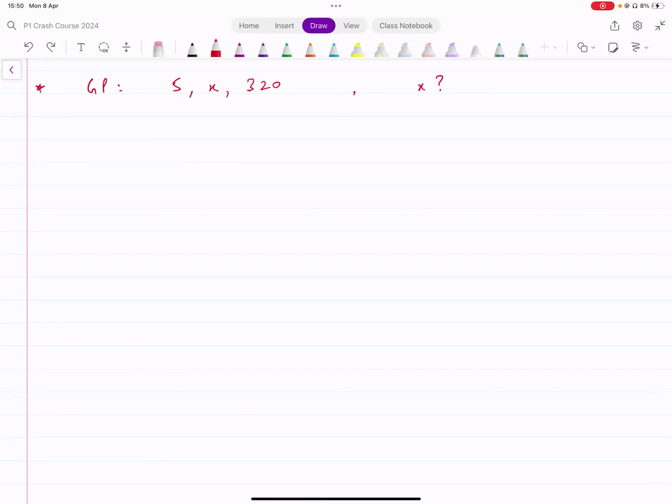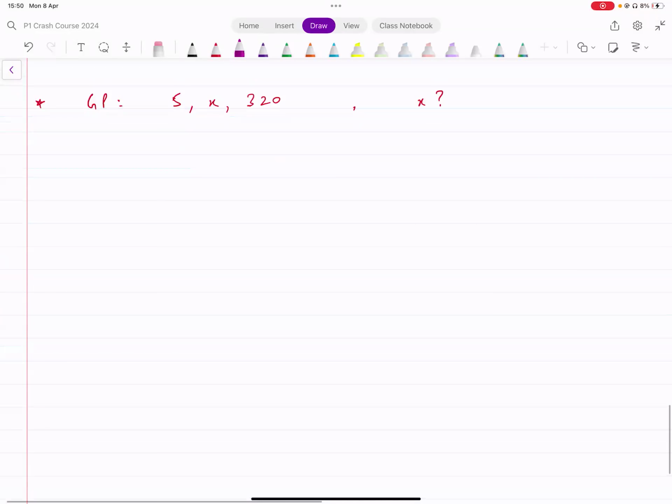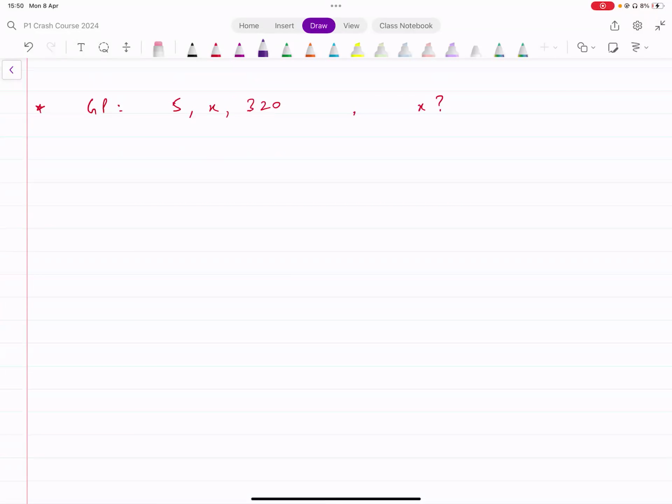Now, again, one possibility is to use the term formulas that we know about. But in these cases, it's much quicker to use this idea that since it's a geometric progression, the ratio of consecutive terms is supposed to be constant. So if this is T1, this is T2, and this is T3, we know that the ratio between consecutive terms is supposed to be constant.